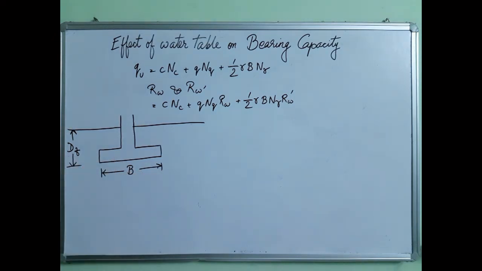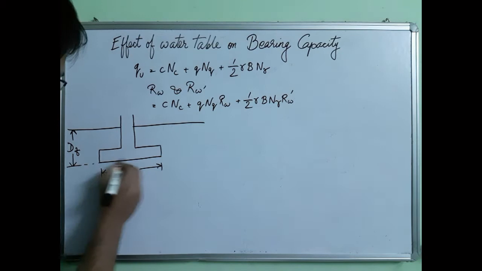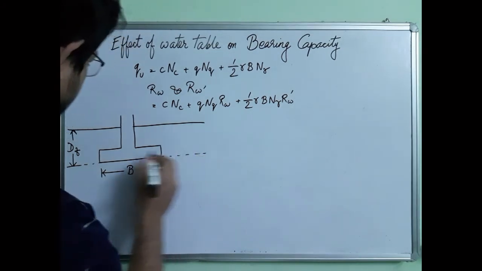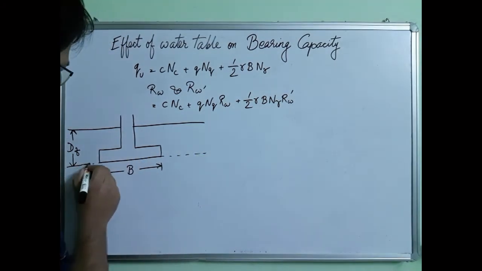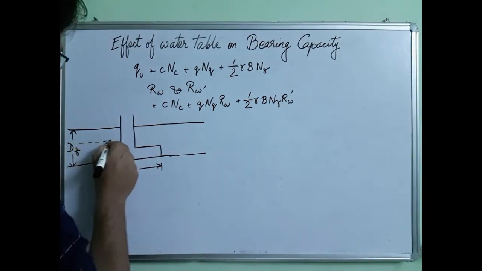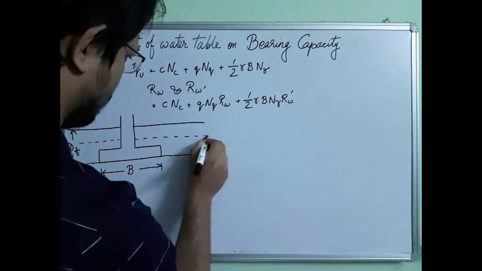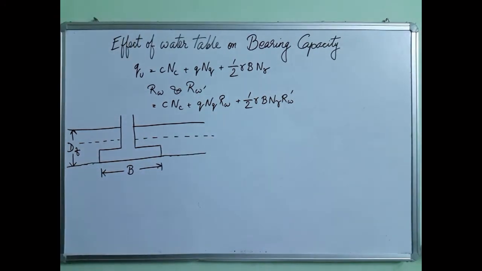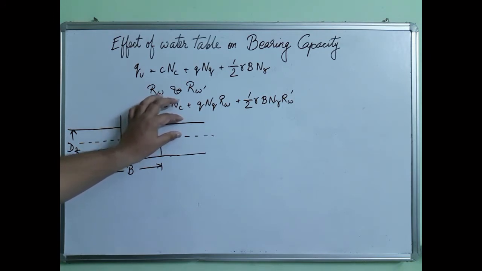Now if the water table is located within this region, then this distance will be called Dw.